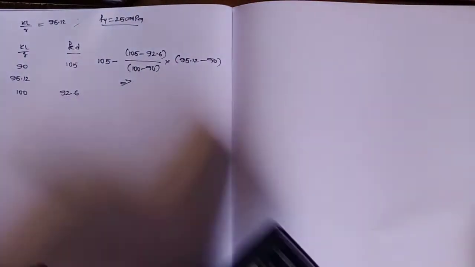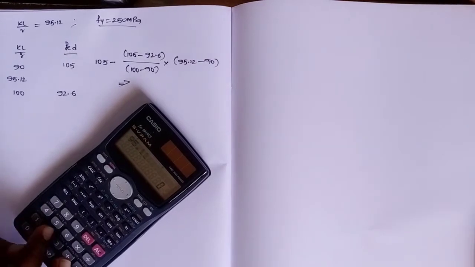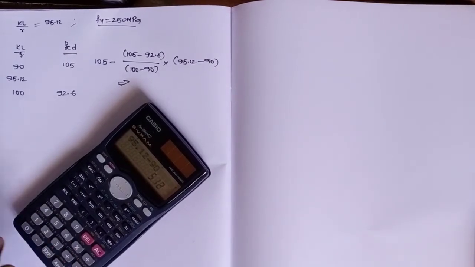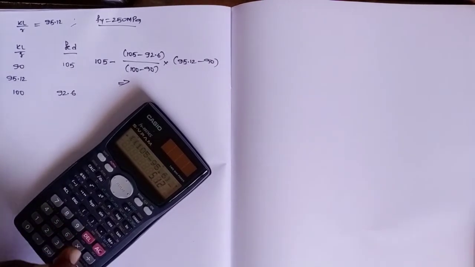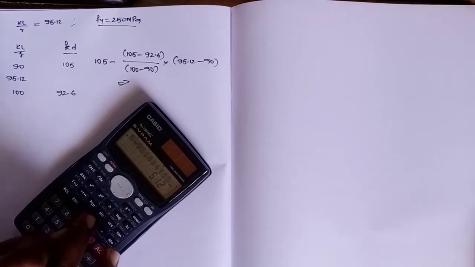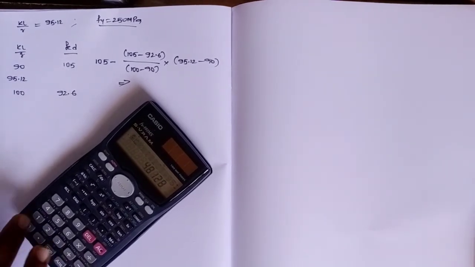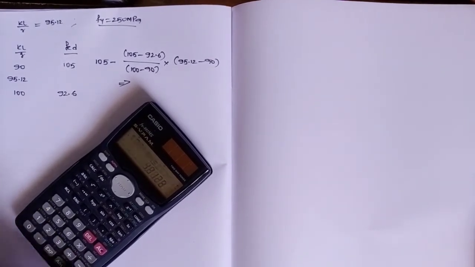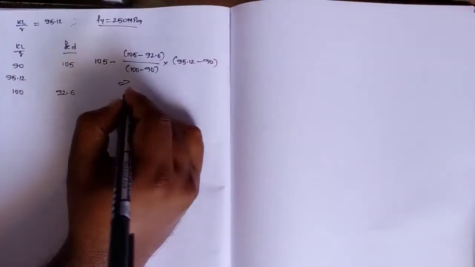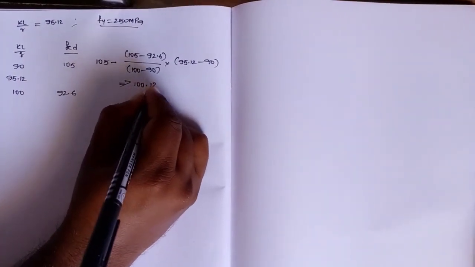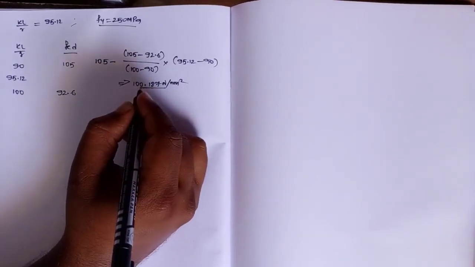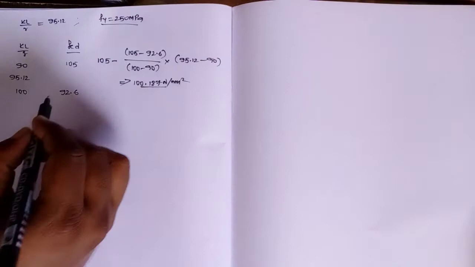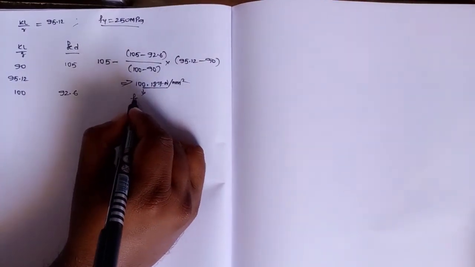So if I solve this, 105 minus answer, I get 100.187 Newton per mm square. So this is the stress FCD.